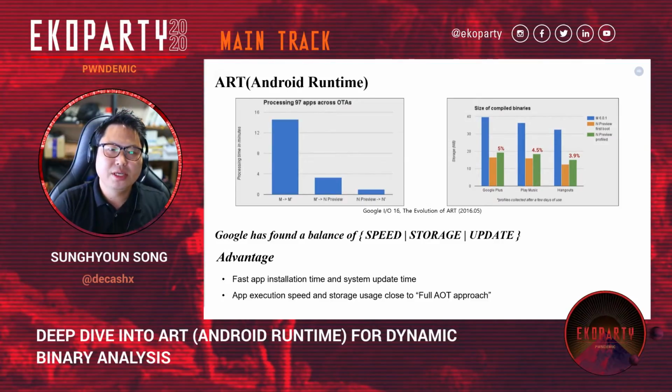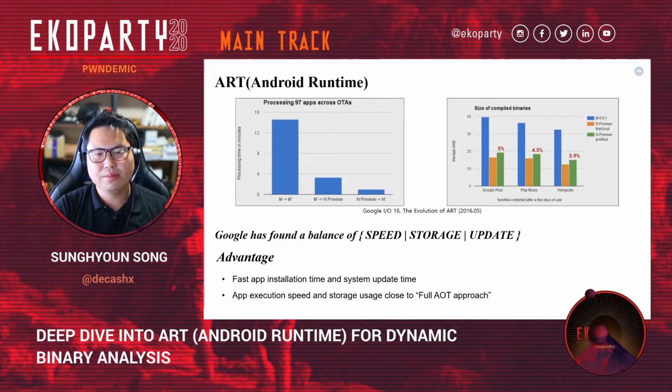Profile guided optimization allows the Android runtime to help improve an app's performance by building a profile of the app's hot code and focusing its optimization there. This leads to big improvement while reducing the traditional memory and storage impact of a fully compiled app. It seemed we found the perfect balance between app speed, storage usage, and update time.